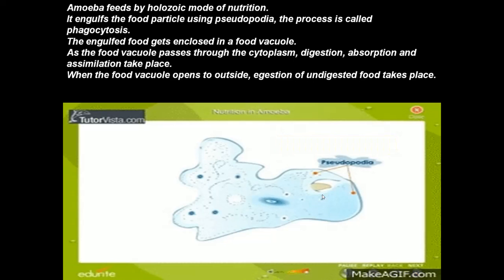The food vacuole passes through the cytoplasm. As the enzymes are present here, digestion, absorption and assimilation take place. Finally, the waste product is also expelled out through diffusion. When the food vacuole opens to the outside, the egestion of undigested food takes place.